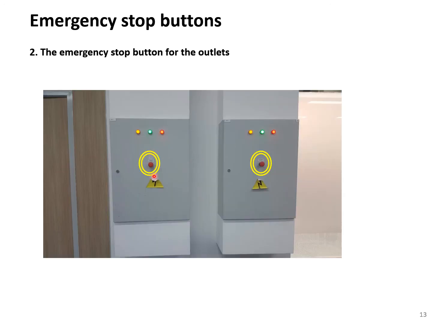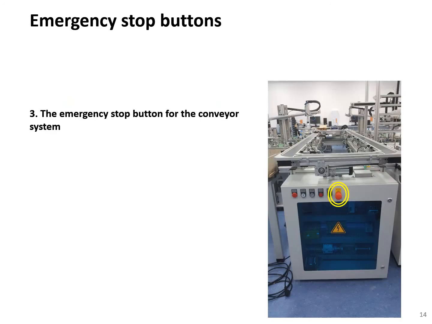Okay, so these are also emergency stops that take care of a specific section of the lab, not all of the lab. For example, here, this is one of the emergency stop buttons of the MPS 500.